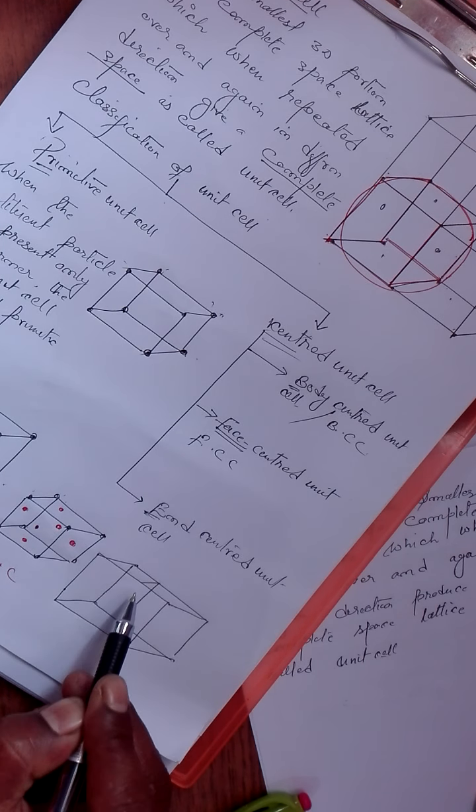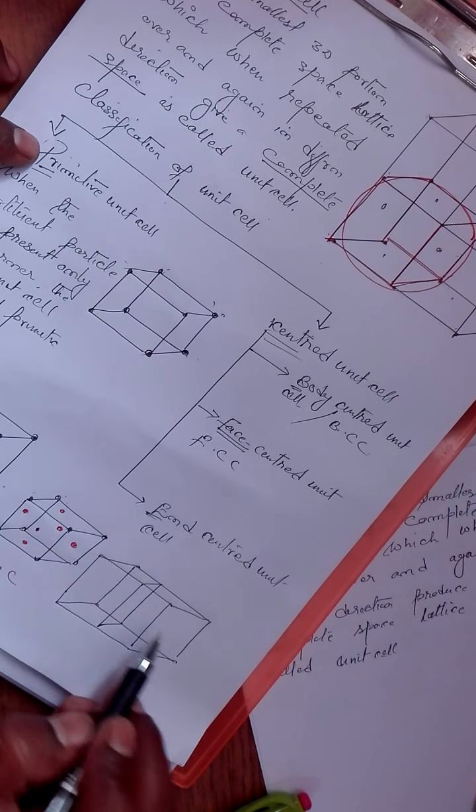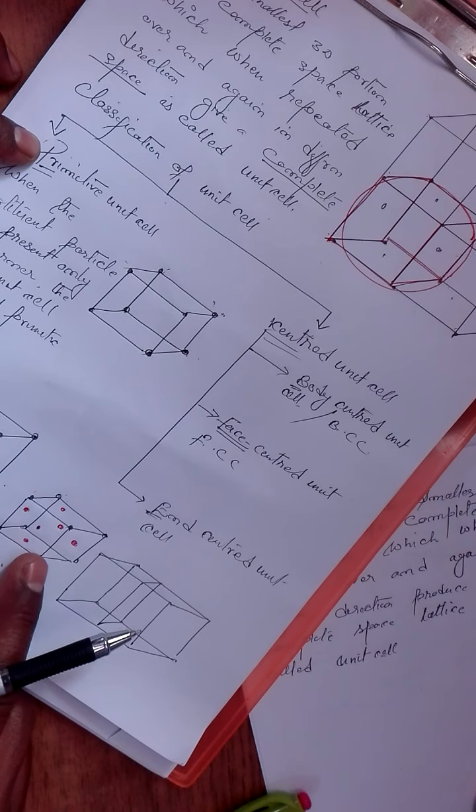If you observe carefully, you will find that there are 2 unit cells here. This one, isn't it? And this one, 2 unit cells.